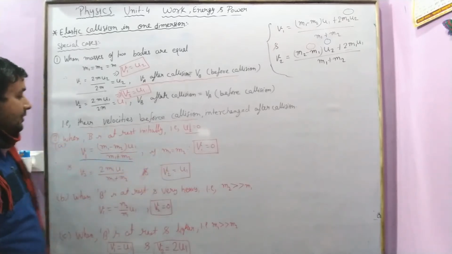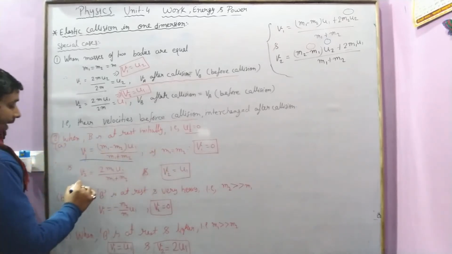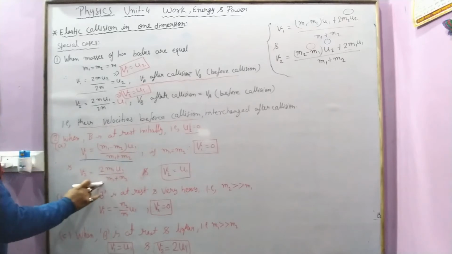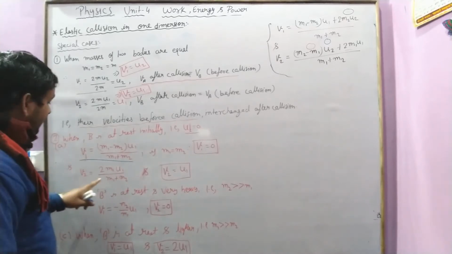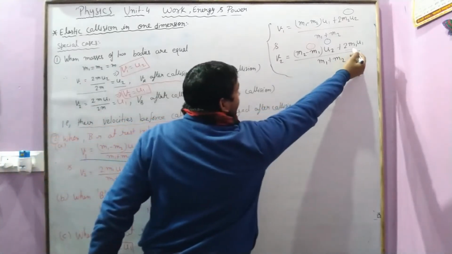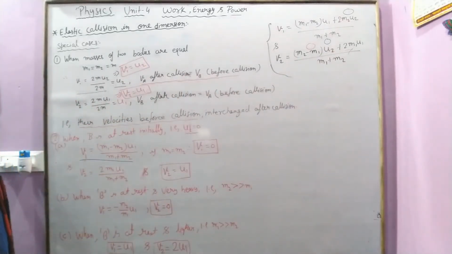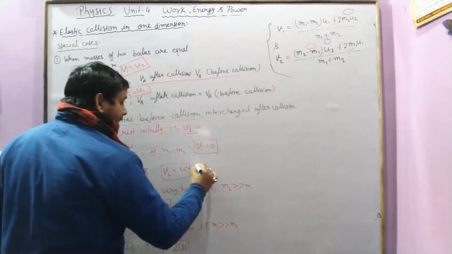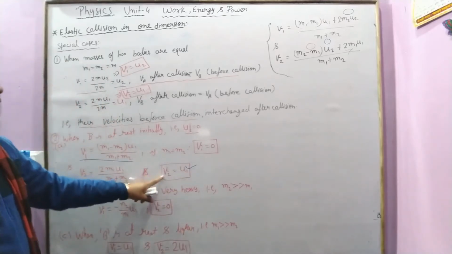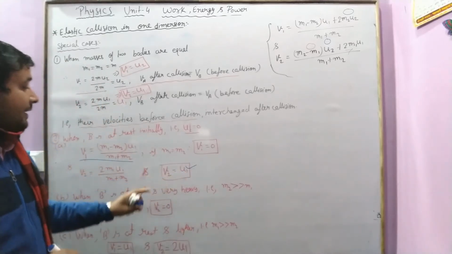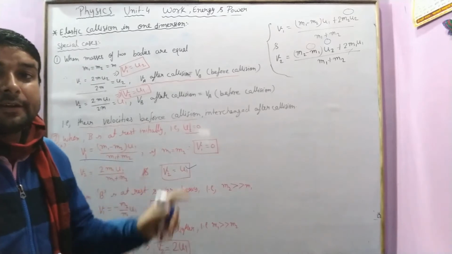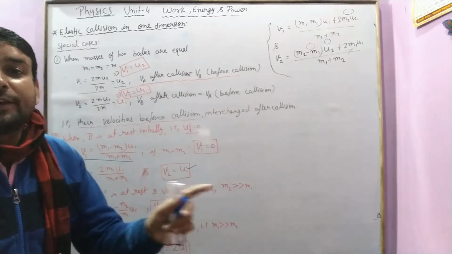So v1 is 0 in this case, and the value of v2 after collision is the denominator of this, and if the two have the same mass, we get the result v2 is equal to u1, that is 100% of kinetic energy transferred to the second object.